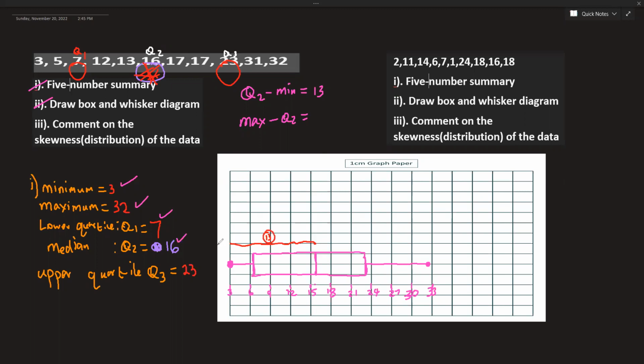But obviously, you're just going to use a pencil here. This information is not needed on your box and whisker. It's just here to help you to get the distribution. Perfect. And then we have to do max minus Q2 now.